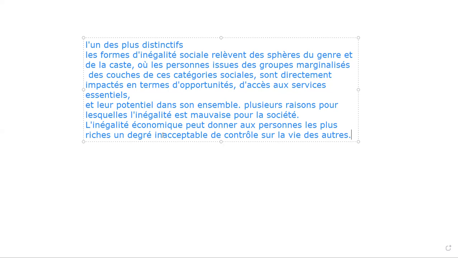L'inégalité économique peut donner aux personnes les plus riches, the rich people becoming more rich, un degré unacceptable, in a totally unacceptable way.